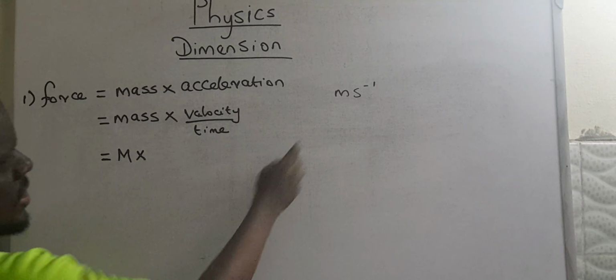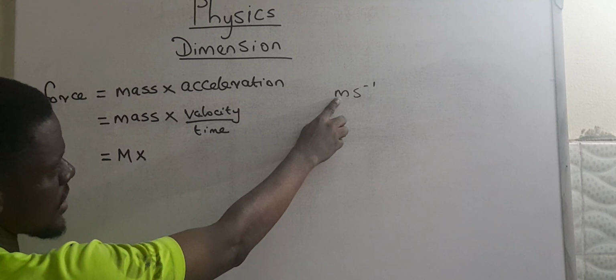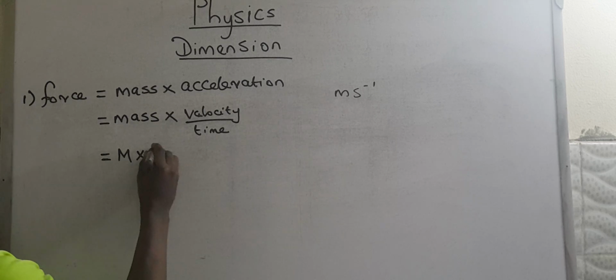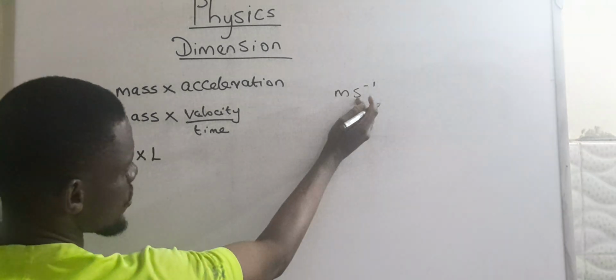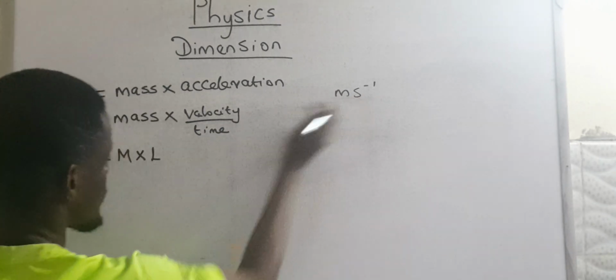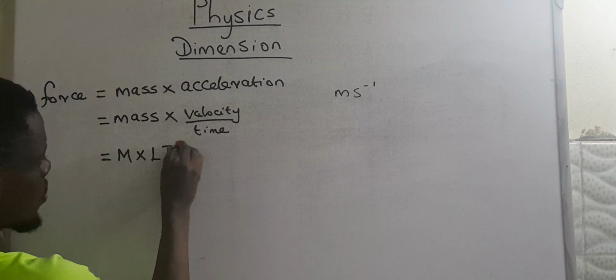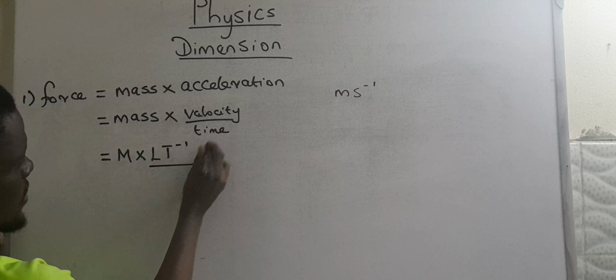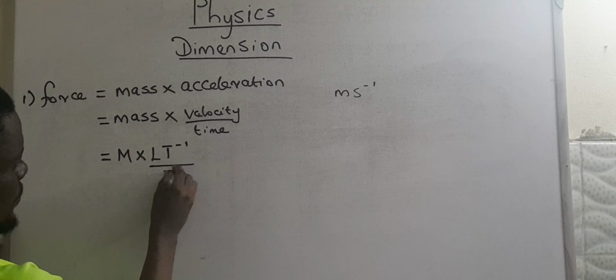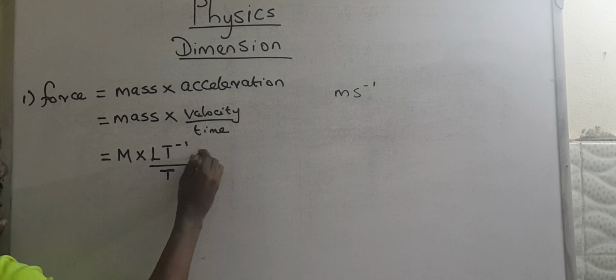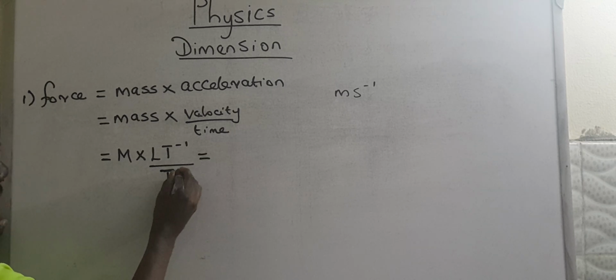Now, which physical quantity has the unit as meter? It is length. So we have the dimension length. Which of the physical quantity has the unit as second? It is time. So this is T to power minus 1. Of course, dimension of time is T. So this is equal to, now this is power 1.